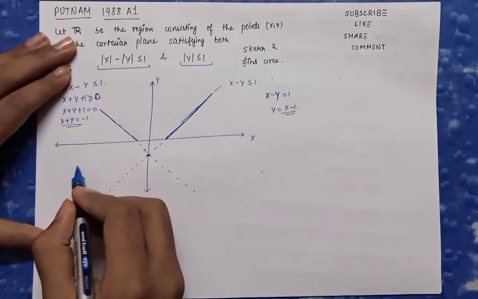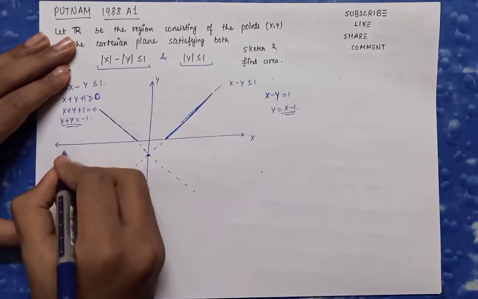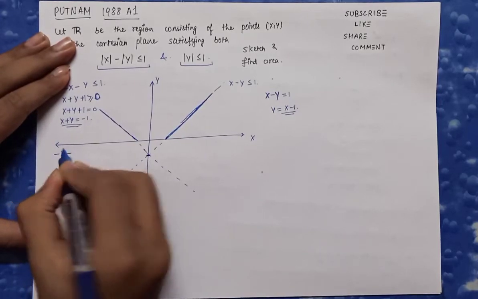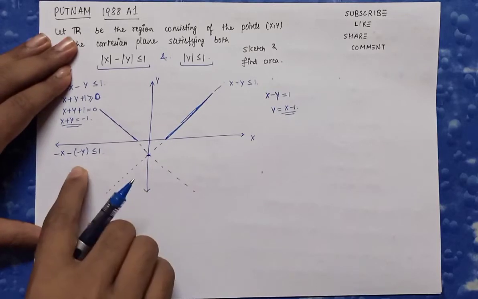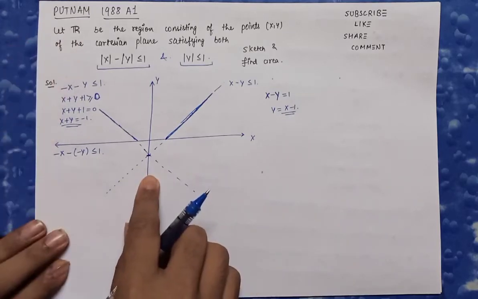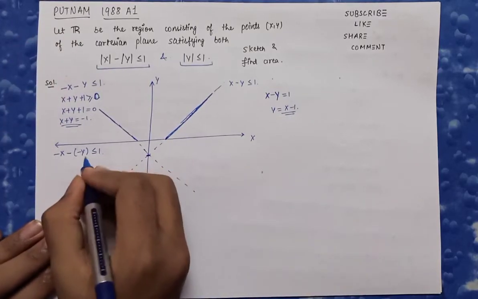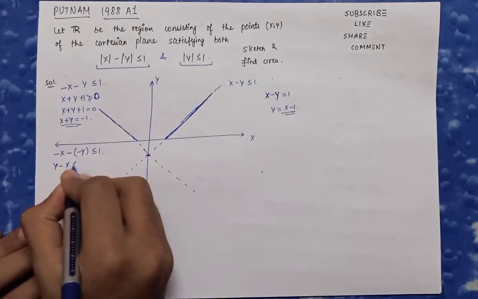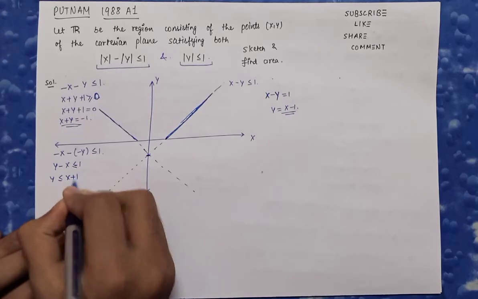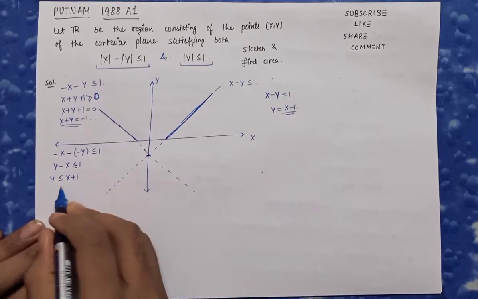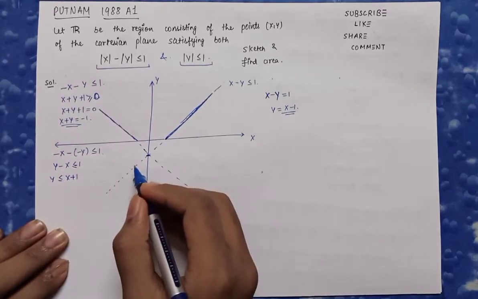Similarly, for the third quadrant, mod x will turn out to be minus x, and mod of y will also be minus y, less than or equal to 1. Solving this, y minus x is less than or equal to 1, so y is less than or equal to x plus 1. Let's draw y equals x plus 1.